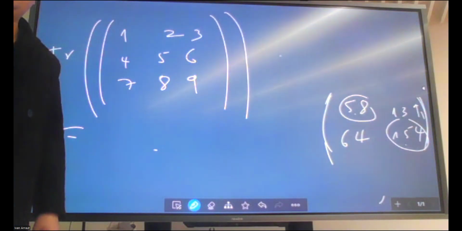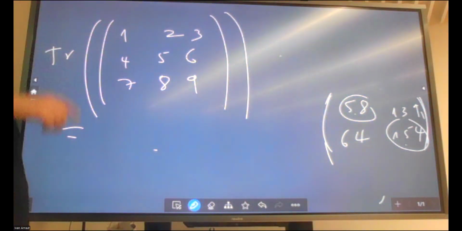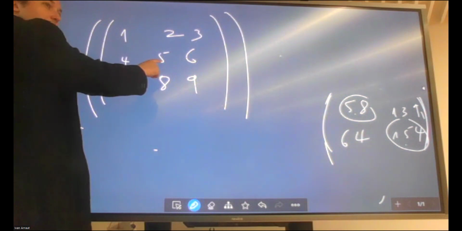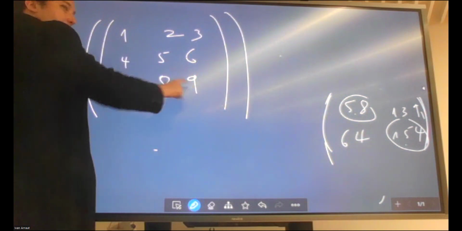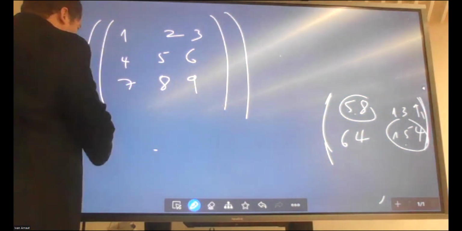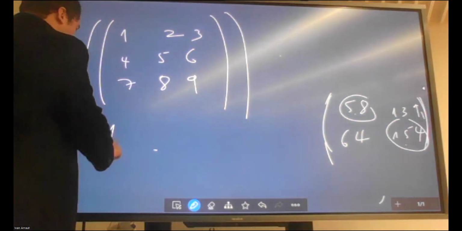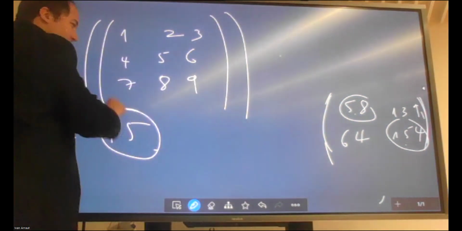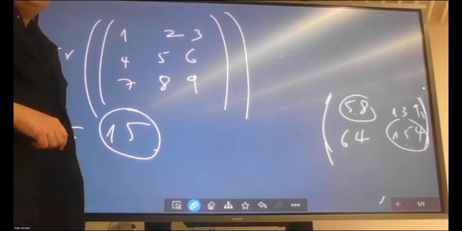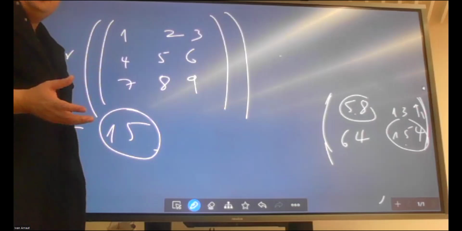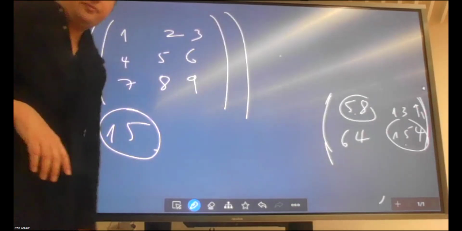Who can tell me? Sum of diagonals, 1 plus 5 plus 9, 15. Right? Okay, this is the trace of this matrix. The determinant of the matrix is a different operation.